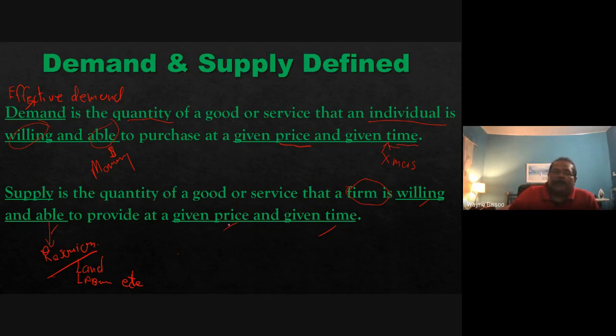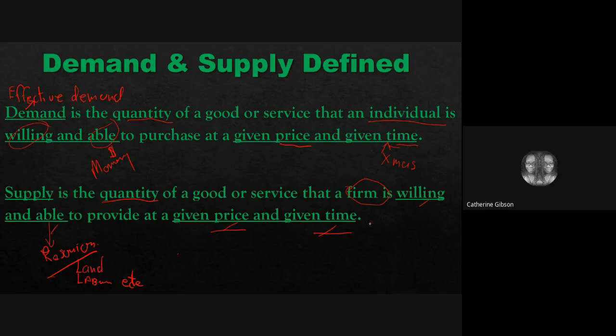So therefore, the amount that they're willing to produce will be greatly affected by the prices they can sell it for, and of course, the time of the year when demand or capacity may be greater. That makes sense, guys? Yes, sir. Okay, so let's move to the next.